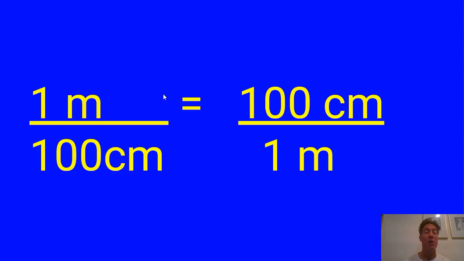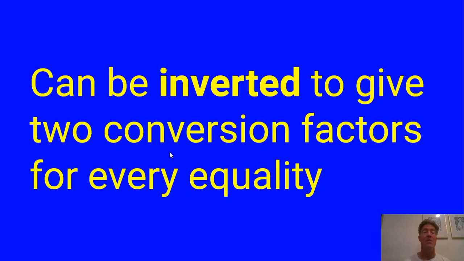And for every equivalency, remember this, you can create 2 conversion factors. You just flip them. You put the meters on top here and then the meters on the bottom here, and vice versa. Every conversion factor can be inverted to give 2 equivalent conversion factors for every equality.